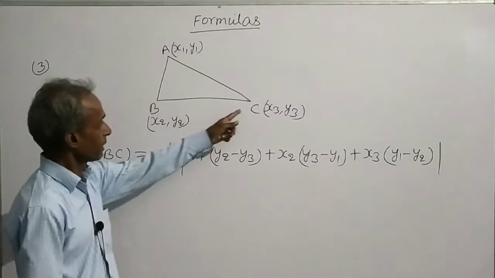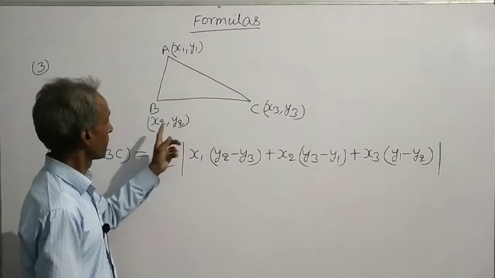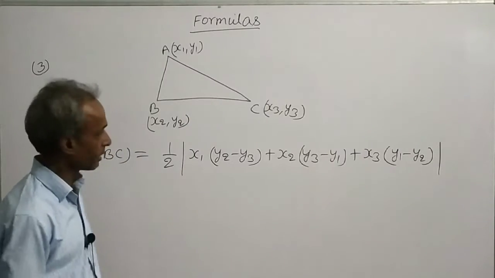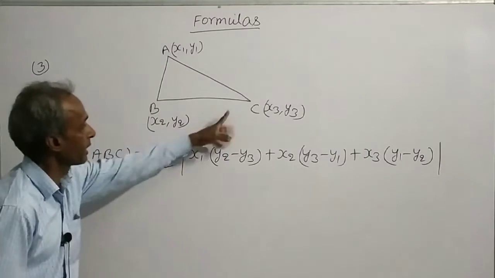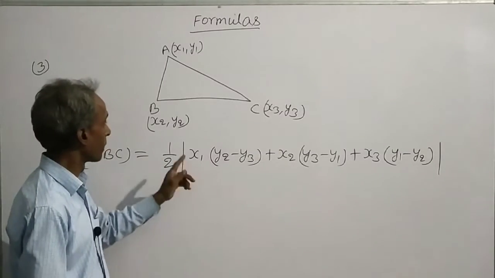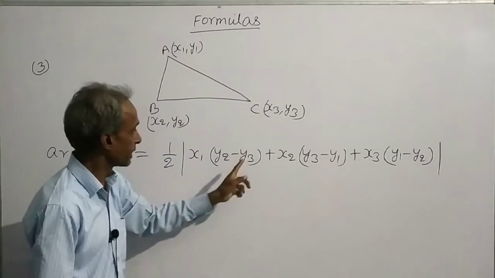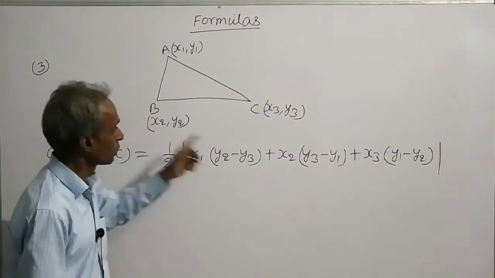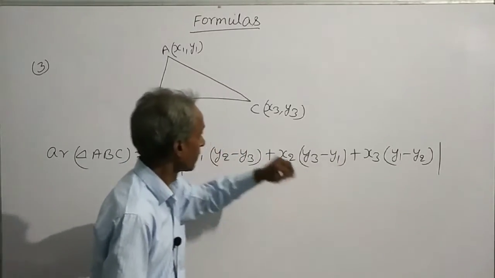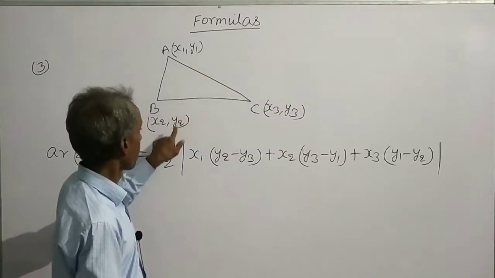If ABC is a triangle with coordinates (x1, y1), (x2, y2), (x3, y3) of its vertices, then the area of triangle ABC will be equal to 1 by 2 times mod of x1 times (y2 minus y3) plus x2 times (y3 minus y1) plus x3 times (y1 minus y2).